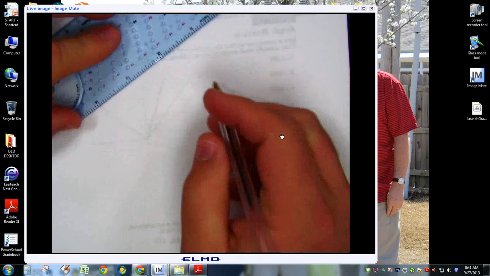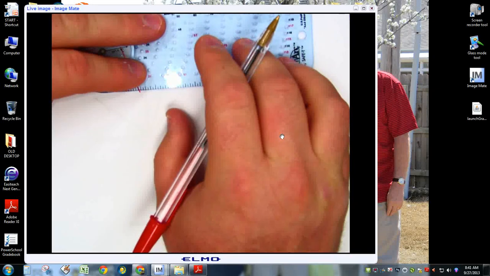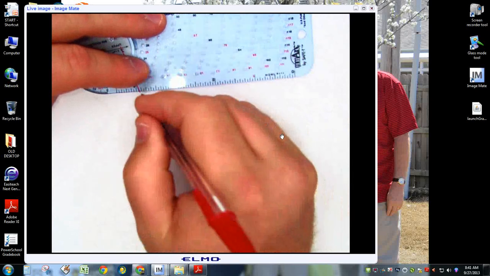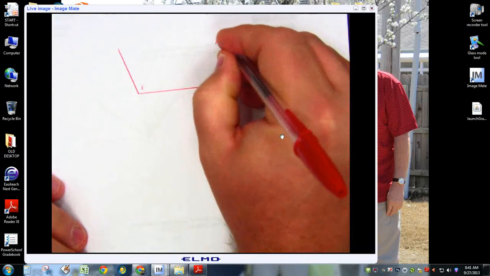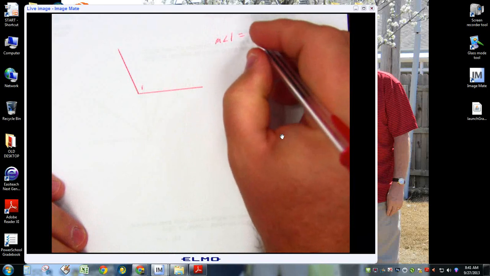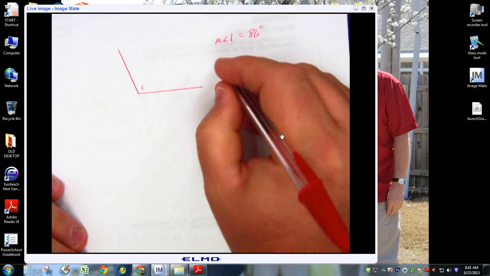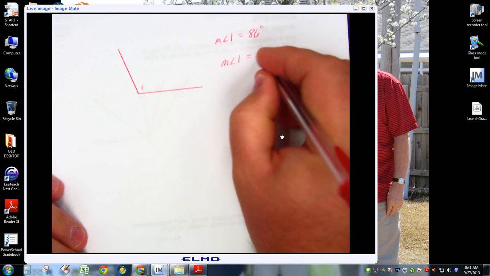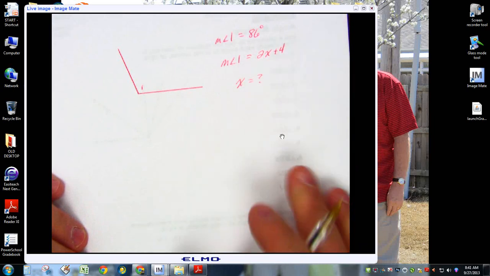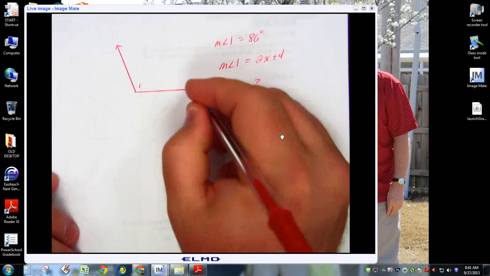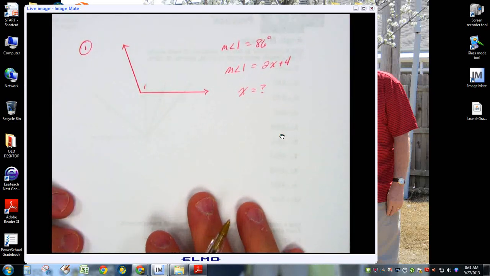Okay, I'm going to draw an angle. Now, measure of angle 1 is 86 degrees.